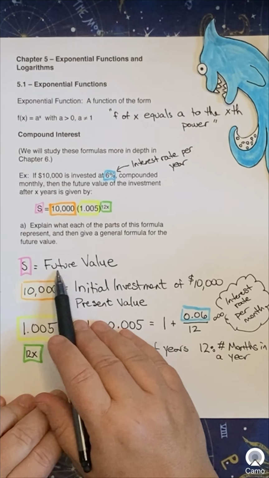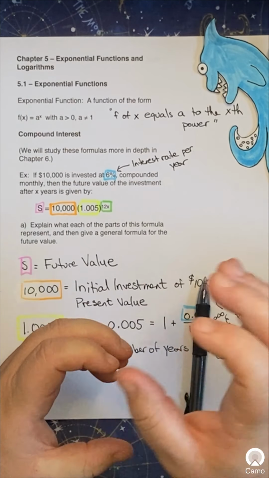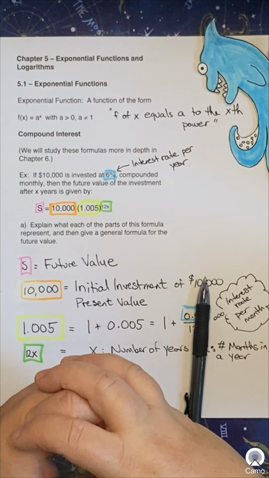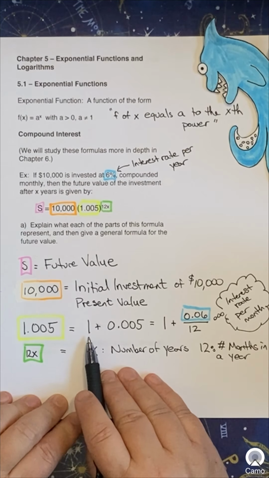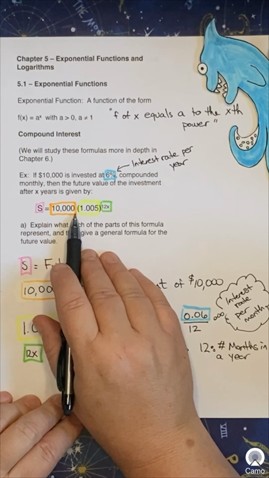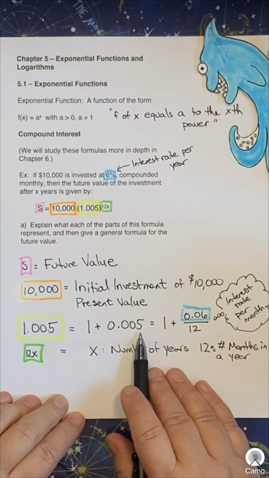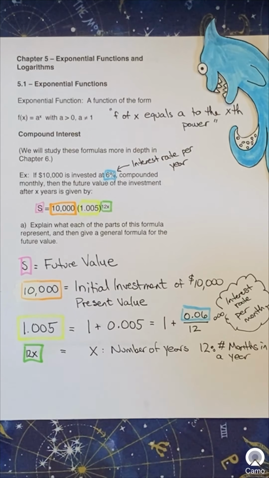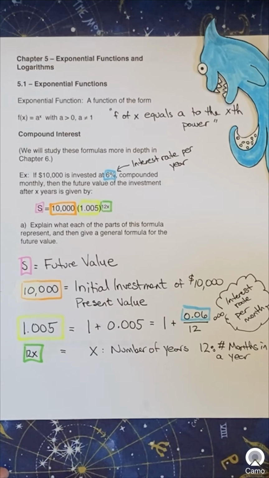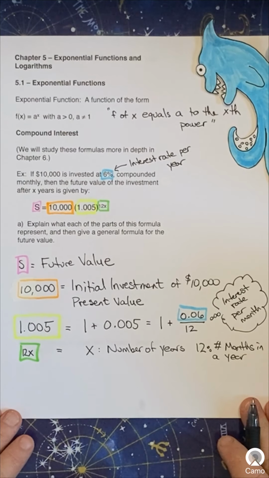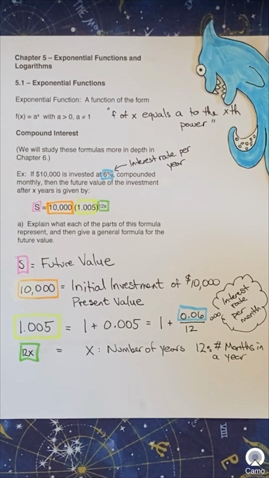Because when I ask you what the future value is, it's the original amount you invested plus whatever interest gets lumped in. So you want the original amount plus the interest. Here's the original amount. You're going to multiply by 1, right? 10,000 times 1, and then 10,000 times this. Now, you should say to me, wait a minute, there's an exponent, so you can't just use the distributive property. I say, yes, you're absolutely right. Good catch. But that's the way to think of it. The 1 is there to make sure that we get our money back.